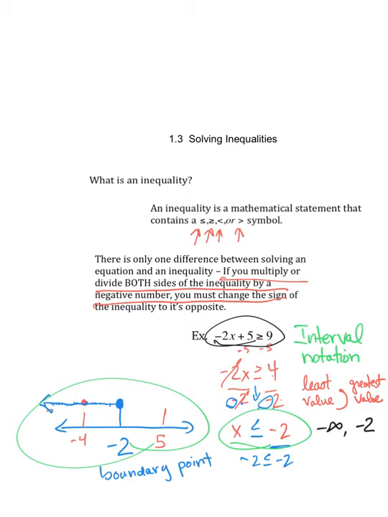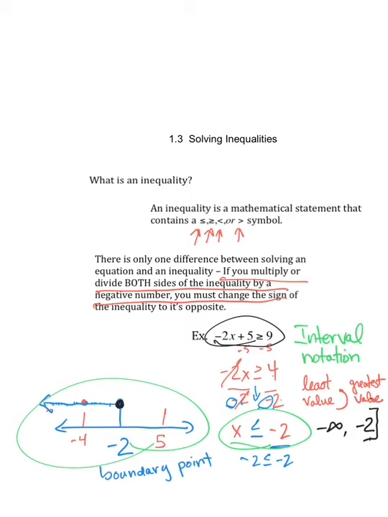Now, the question becomes, are the least value and the greatest value solutions? Well, is -2 a solution? Yes. Then we symbolize it by drawing a bracket. The bracket coincides with the closed circle. They mean the same thing. Now, is negative infinity a solution?